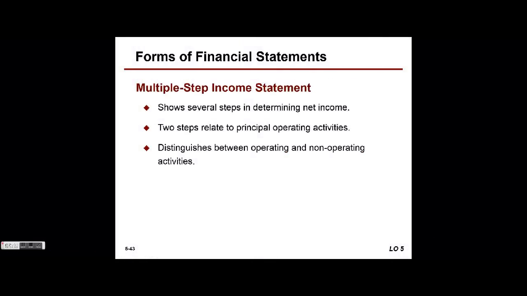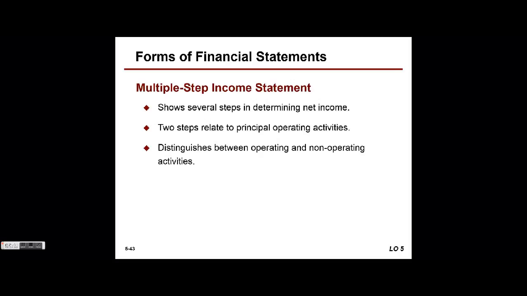Okay, now we're back to talk about the fifth learning objective in this chapter, which is our multiple step income statement. So you may recall in chapter 1 we learned how to do the basic income statement. Alright. So this is an evolution of that.